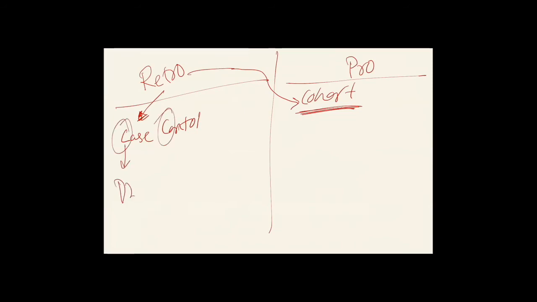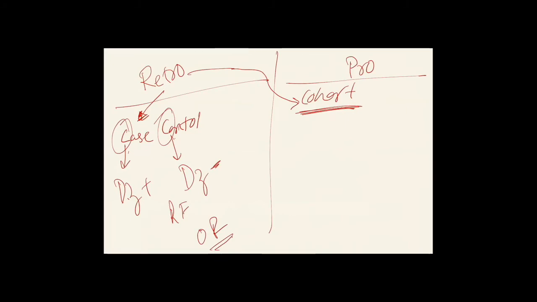Case means disease positive, control means disease negative, and I'm looking for the risk factor. Cases are disease positive, controls are disease negative, I'm looking for the risk factor, and what I'm going to get is the odds ratio.